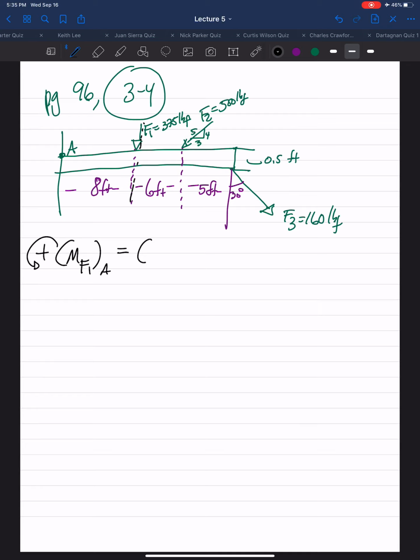It's forcing it down about point A. It's pushing it down, causing that body to want to rotate in a clockwise direction. And we said our counterclockwise is positive, so it'll be negative. So it's negative 375-pound force times the perpendicular distance, 8 feet.